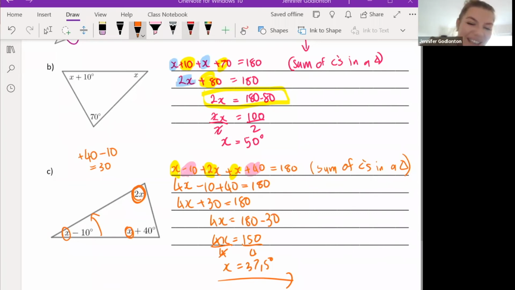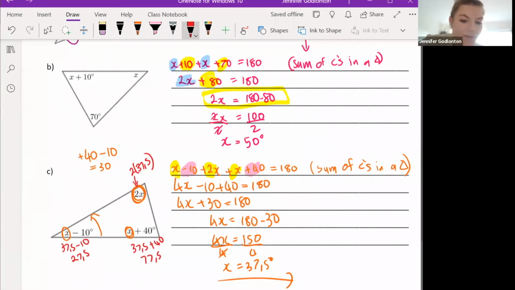Here you would need to say that's 2 times 37.5. So just be careful that you're writing that into your calculator correctly. Here you would be saying 37.5 minus 10, so you're going to get 27.5. And here you're going to get 37.5 plus 40, so you're going to get 77.5. And then you're going to add all of those together, and then you should get to 180. Okay, I'll try it.